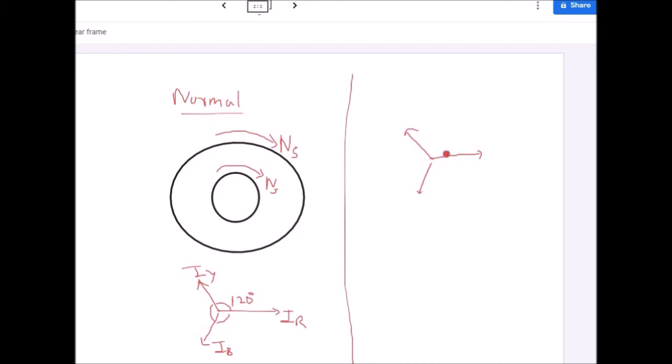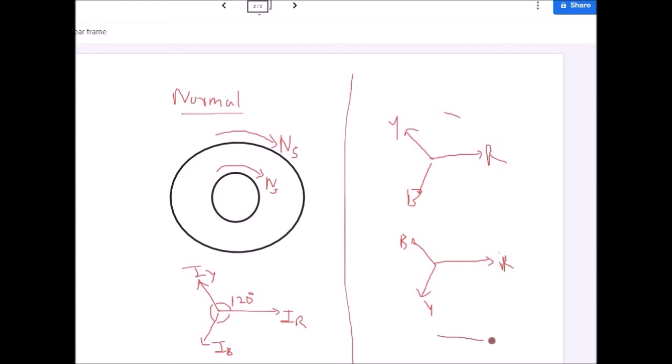Say this is the positive sequence component of current: R phase current, Y phase current, and B phase current. This is the negative sequence component of current: R phase, Y phase, and B phase. That is, here the phase sequence is reversed.